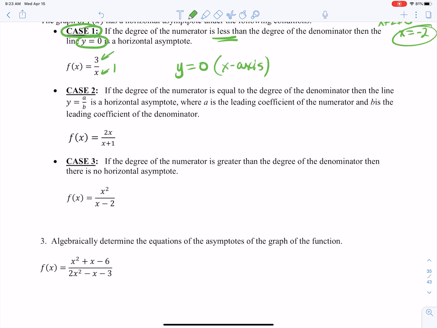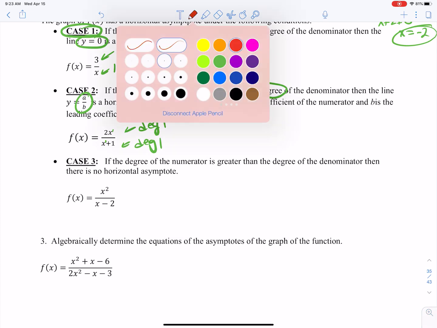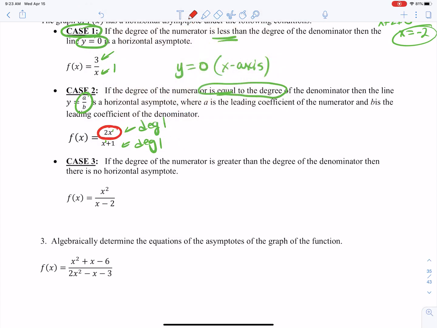Case 2, if the degrees are equal, then it's the ratio of the coefficients of the leading terms. So we know that both numerator and denominator, in this case, are degree 1. The coefficient of the leading term of the numerator is 2.